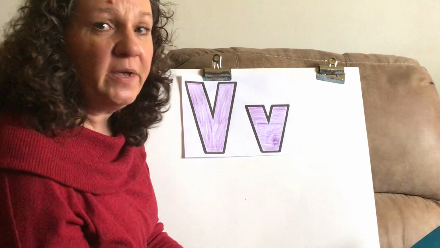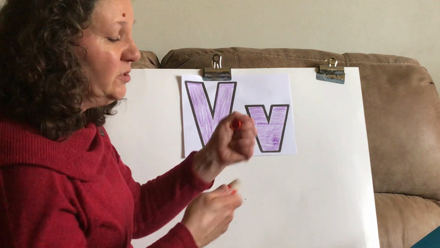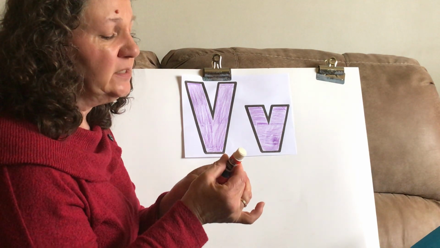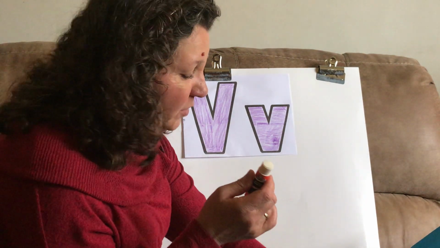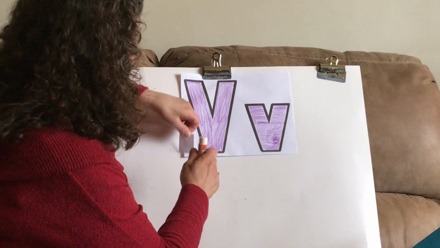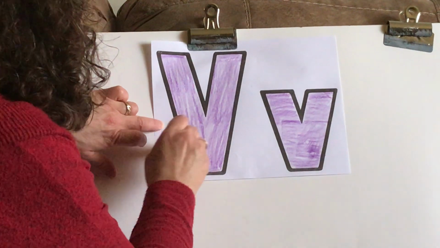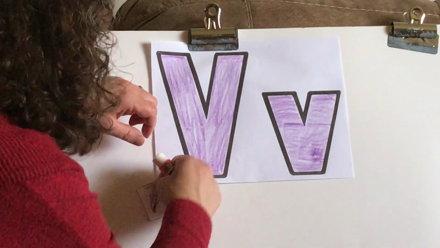Okay, so after you have your pictures all cut out, now we're going to take our glue stick. Remember, when you take your glue stick, just roll it up just a little tiny bit. And then we're going to put our glue on the back. Take whatever pictures you want. Okay, we're going to take our pictures and we're going to glue them all around. So these are things that begin with the letter V and make the V sound.